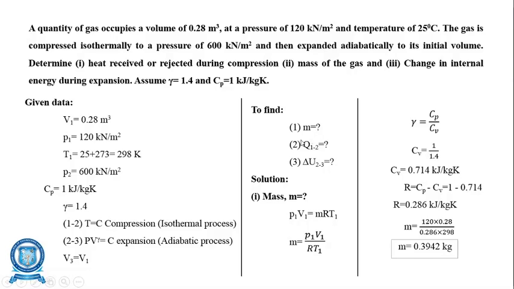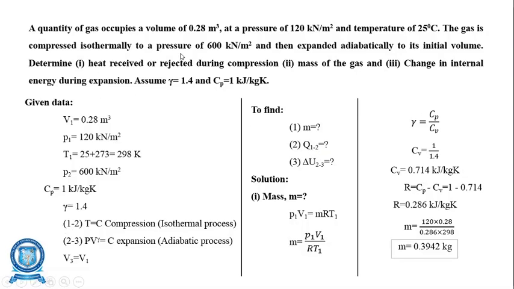The first question they have asked is heat received or rejected, that is Q. The second question is the mass of the gas. The third question is change in internal energy during expansion, delta U. For heat received or rejected during compression, that means process 1 to 2 alone, so I put the value as Q1 to 2.